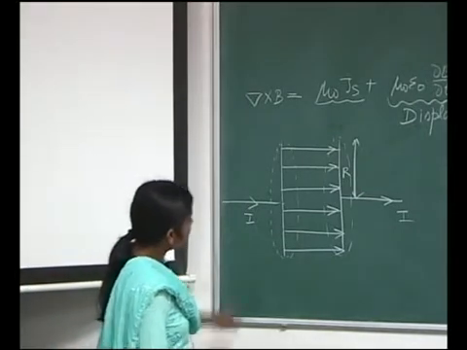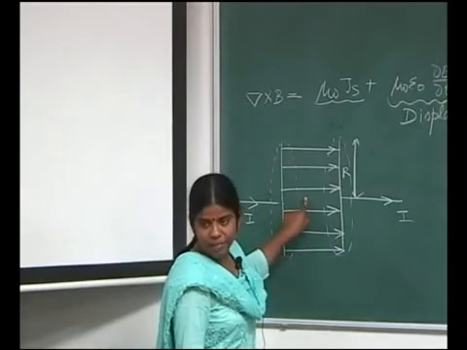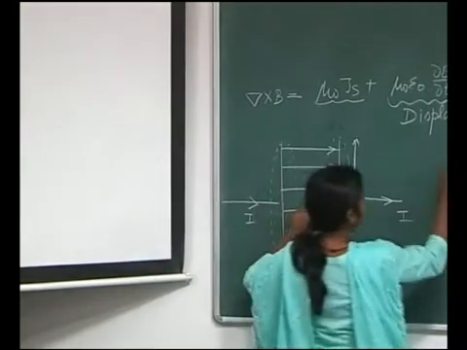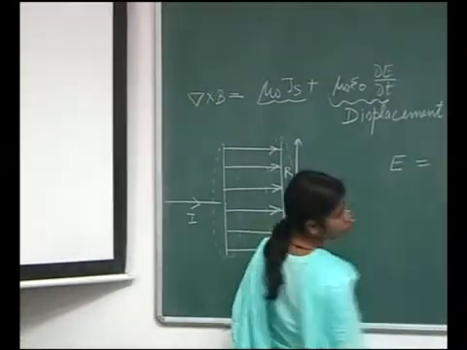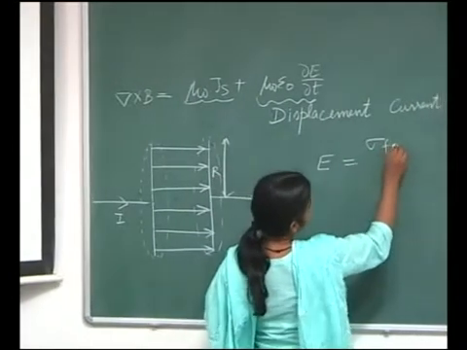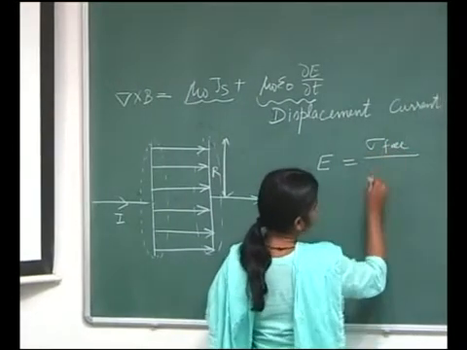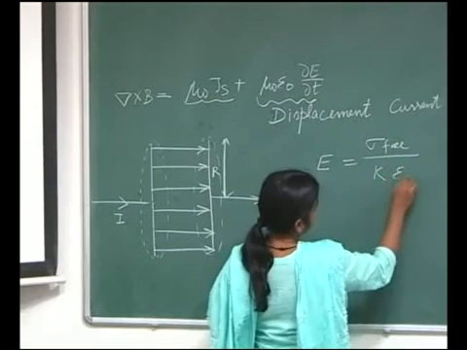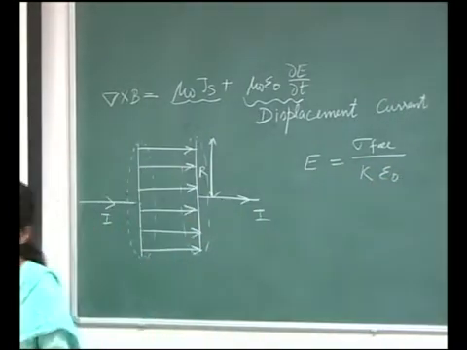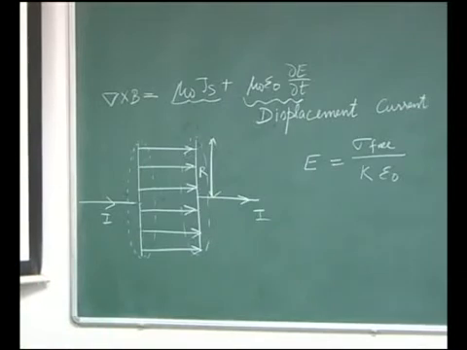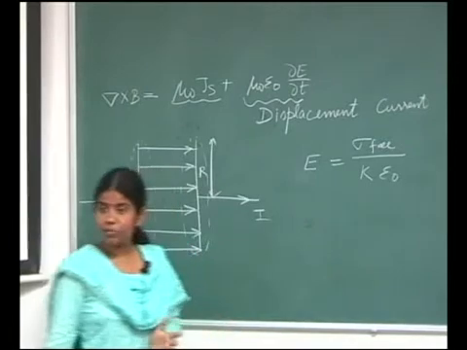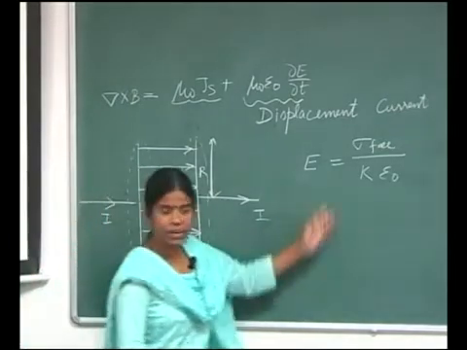And I know that the electric field inside a capacitor, E, is equal to the surface charge density due to the free charges divided by k into epsilon naught. This we all know, this is basic Gauss law. You say that integral of E dot dA is equal to rho upon epsilon naught over a closed surface. From there only we derive this.